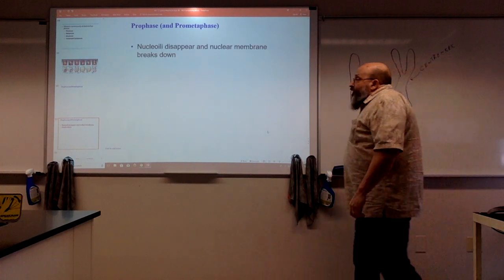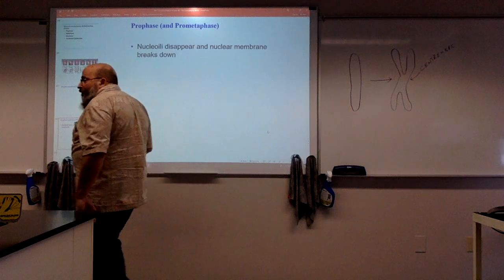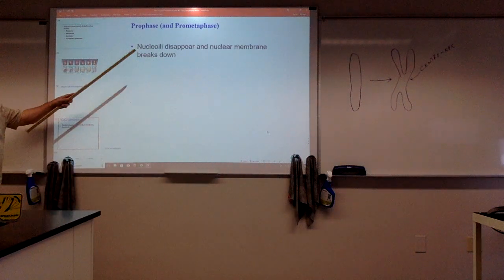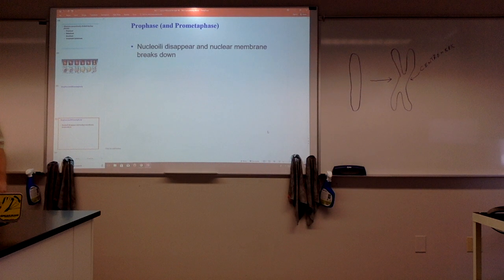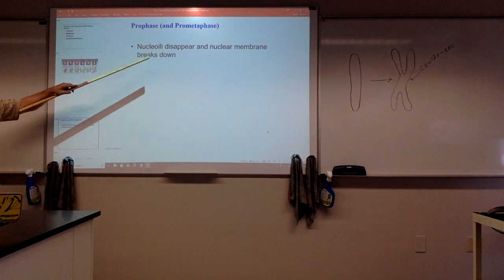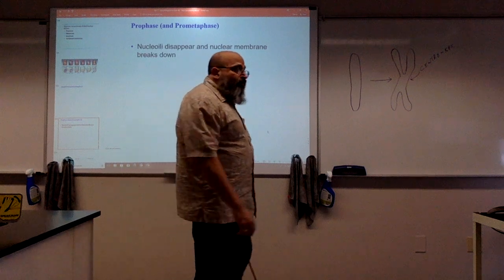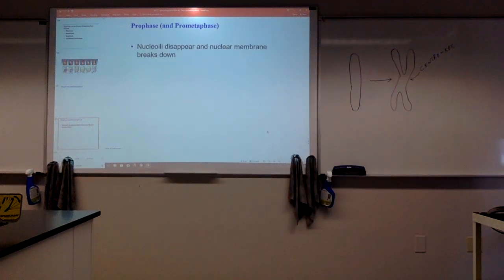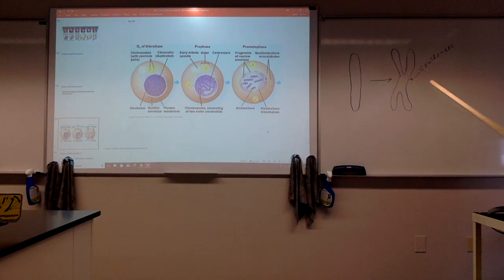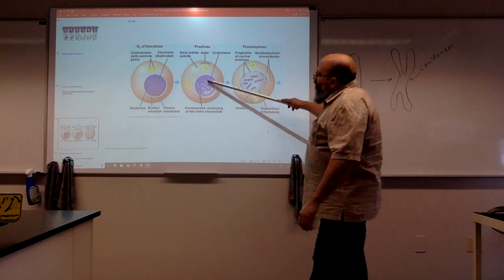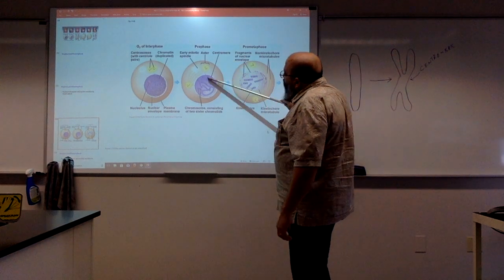So what happens during prophase? One of the first things that happens is the nucleolus disappears and the nuclear membrane breaks down. So here's prophase, and that is 2.